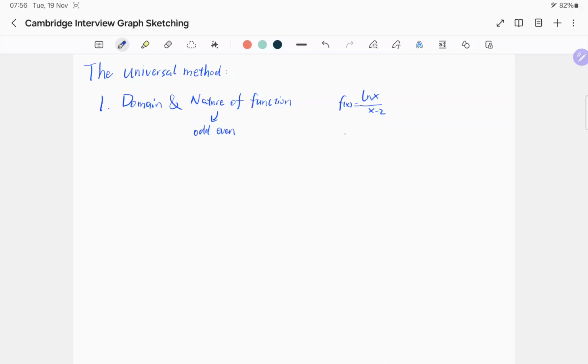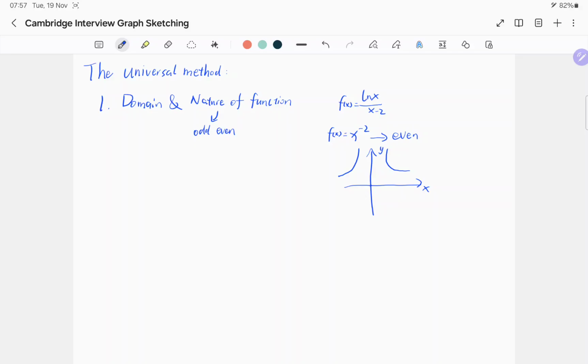For example, if you see a function like this, f(x) equals x to the power of negative 2, at a glance you will find that it is an even function, which means that for the positive axis of x and the negative axis of x, it is the same. It is just flipped by the y-axis. For example, the graph will look like this, and the two sides are symmetric to each other.